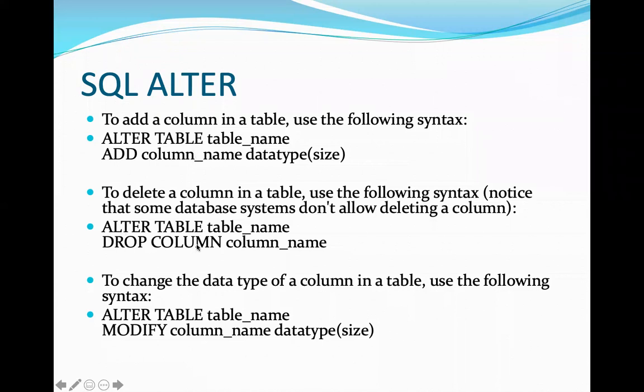Alter table name drop column will drop the column of that particular table. As well as with the help of the alter command, we can modify the data type of any column. So this is the alter command and it works on the structure of the table. So it comes under the DDL command, data definition language, where we define the structure of the table.